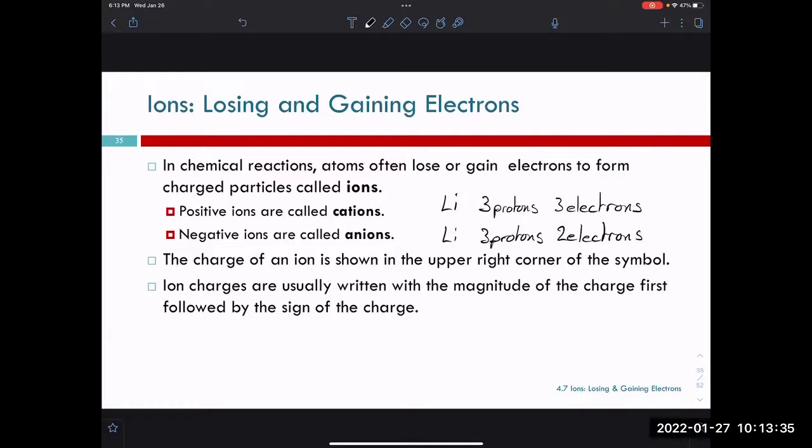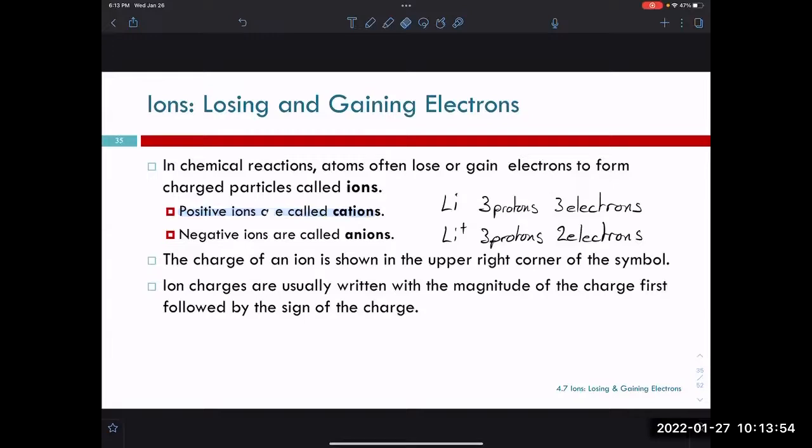We have 3 positive charges and 2 negative charges. So 3 minus 2 is a +1 charge. So lithium with 3 protons, 2 electrons would be a cation.